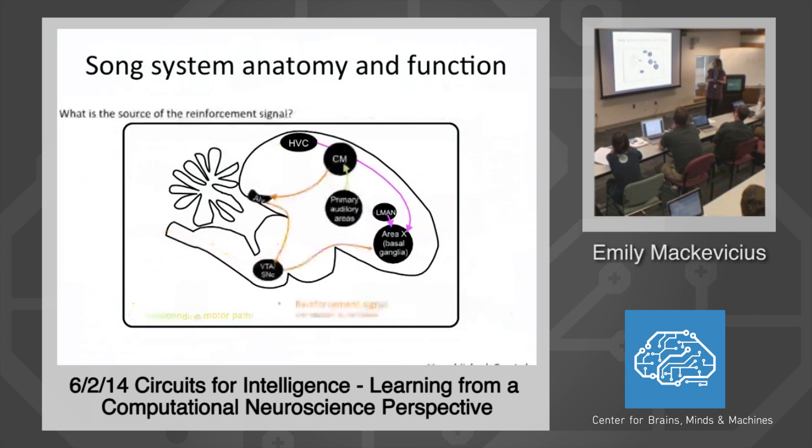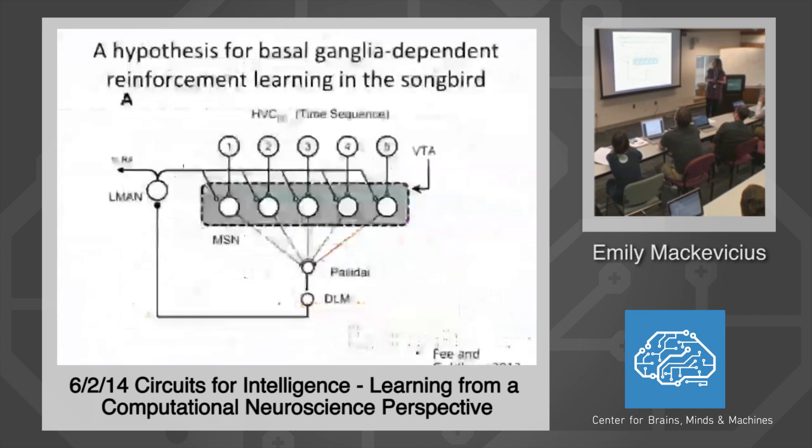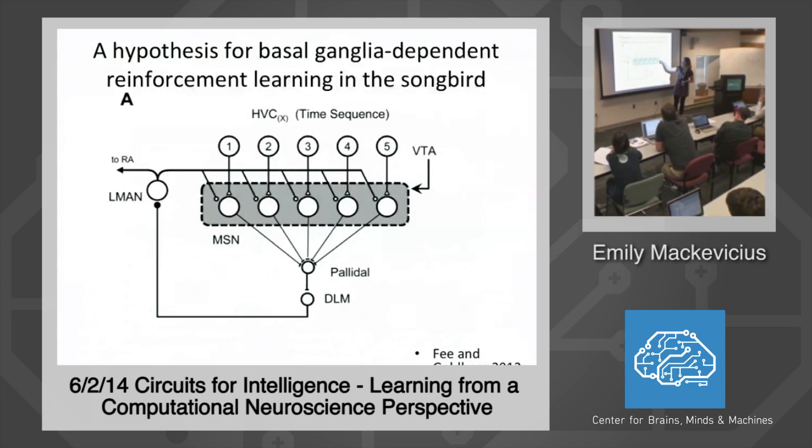If you have a neuron in L-man that projects to a population of neurons in area X, that population in area X connects back to the original population in L-man. So just the topography of the connections determines which part should be influenced.